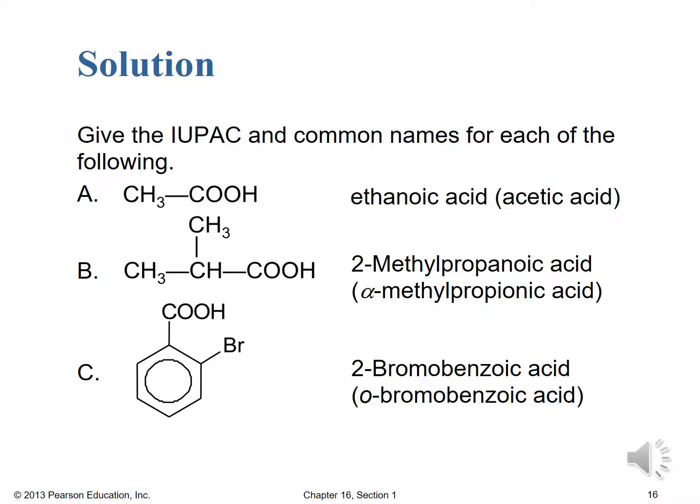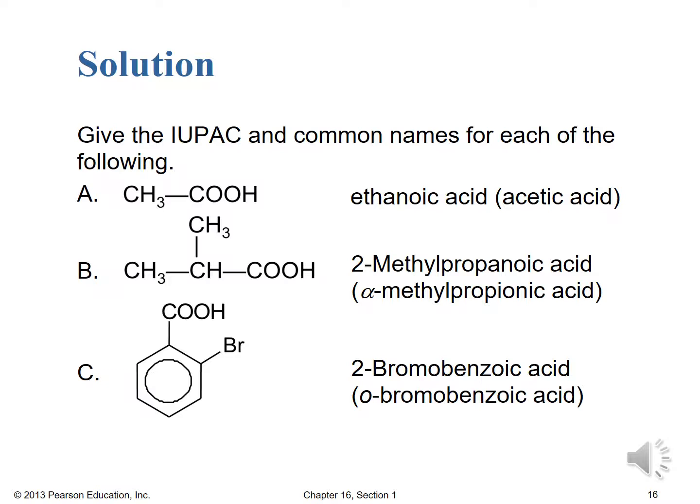Notice we went from propanoic to propionic, and of course from 2 to alpha, going from IUPAC to common. And in the last case, we have a benzoic acid with a bromo group on carbon 2. So we have 2-bromobenzoic acid, or orthobromobenzoic acid, by the common naming scheme.